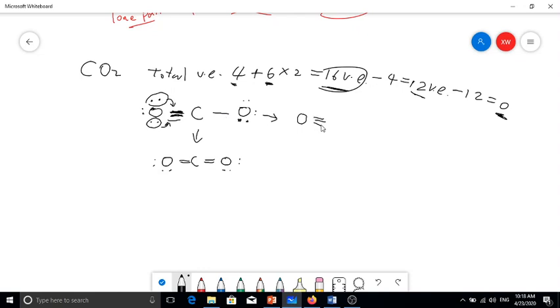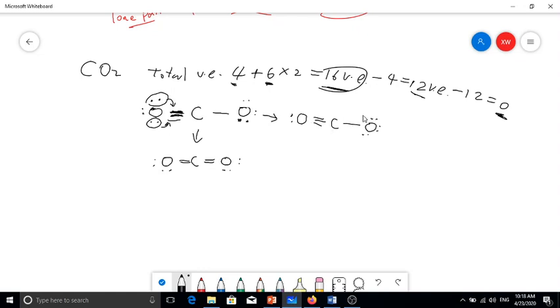So that will result in this. One lone pair and 3 bonding pairs for this oxygen, and this carbon will have 3 plus 1, 4 bonding pairs, and this oxygen will have 1 bonding pair and 3 lone pairs. Seems like this is also satisfying the octet rule, right? Without using extra electrons. So this is another possible structure based upon Lewis structure theory.